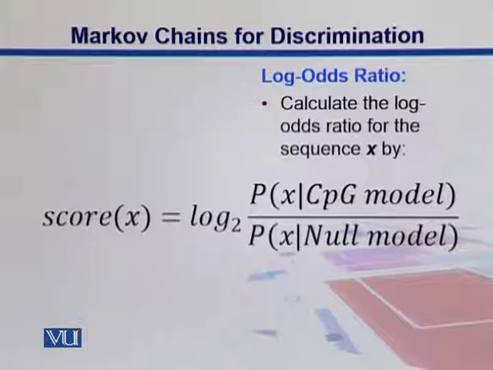So we are taking those numbers as powers of 2. We take the probability of seeing that X in the CpG model versus X in the null model. For example, the probability of G following a C in the top model versus the negative model, and whatever answer we get, we convert it into log 2.